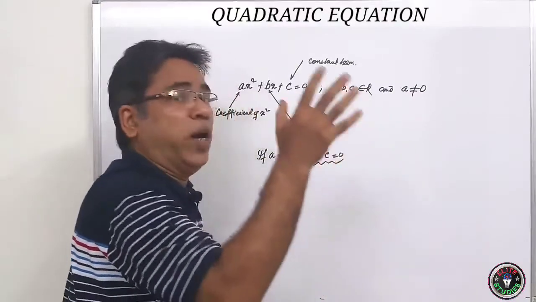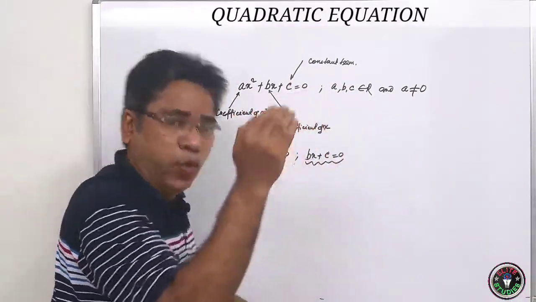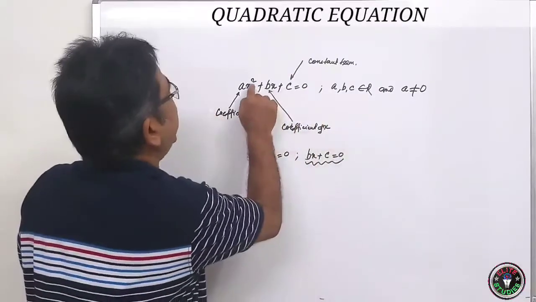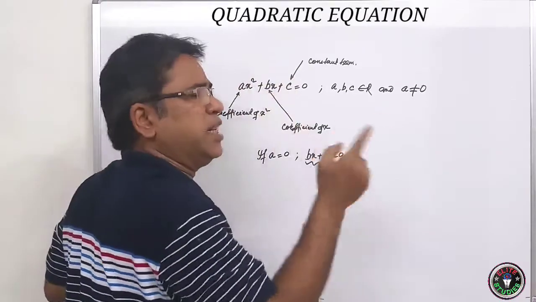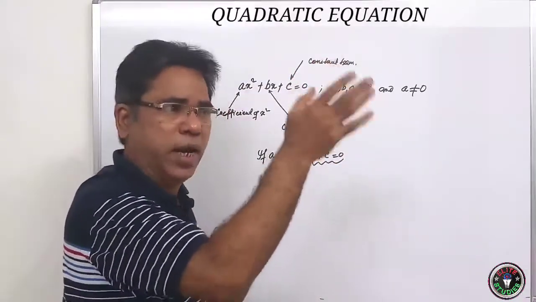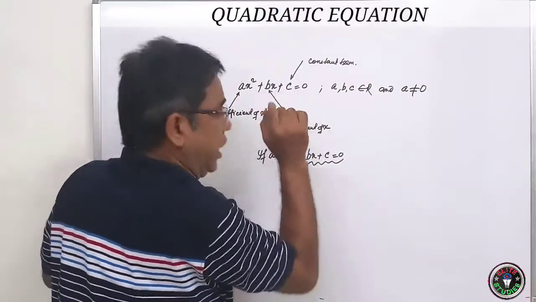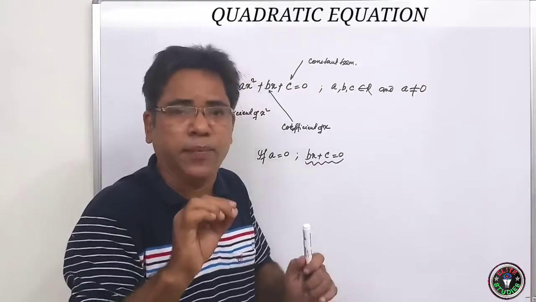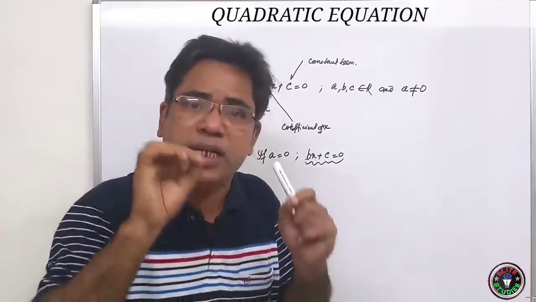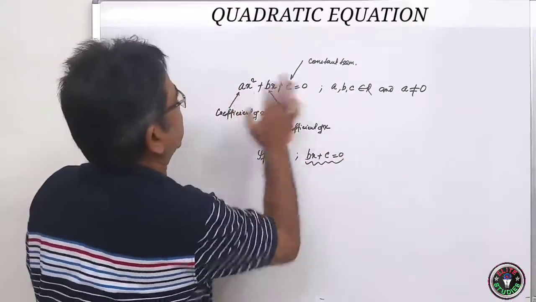So what is a quadratic equation? A quadratic equation is an equation whose degree is 2. What is the degree? I have already taught in my earlier classes. You can refer to those classes. So an equation is said to be a quadratic equation if its degree is 2 and it is written like this.